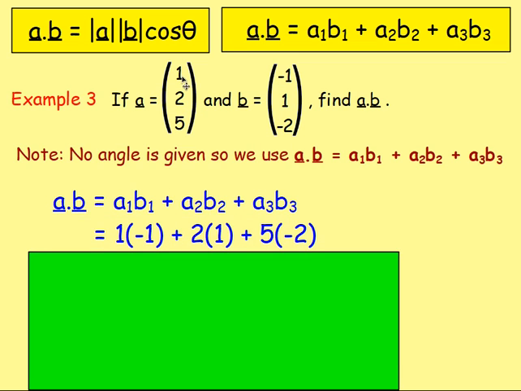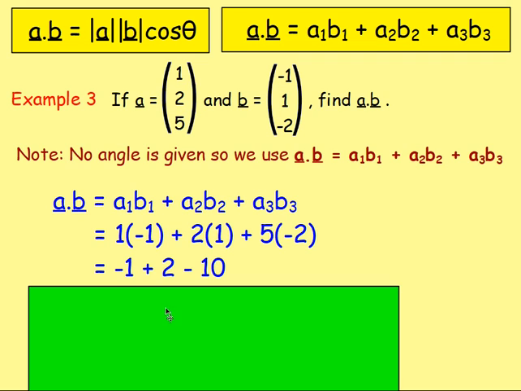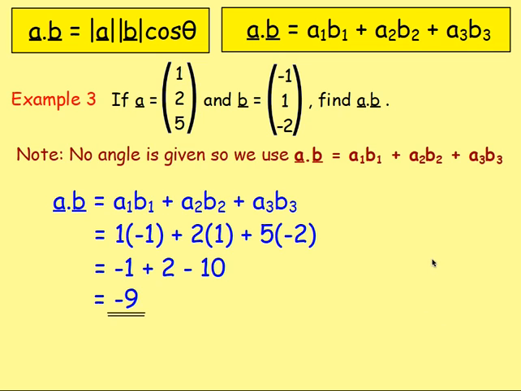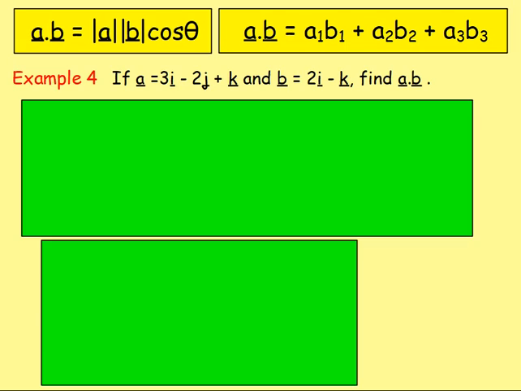From there, you would do 1 times negative 1. You're adding on 2 times 1, and then again add on 5 times negative 2. Simplifying that, you get negative 1 add 2, take away 10, and that becomes negative 9. So that will be your answer.